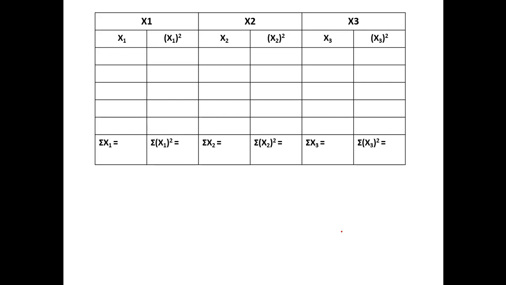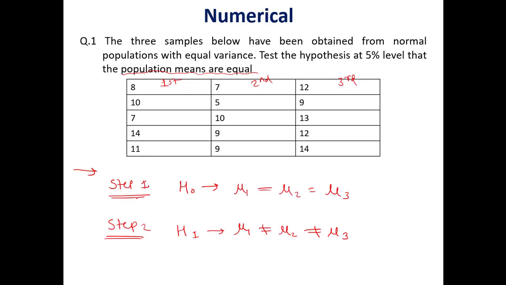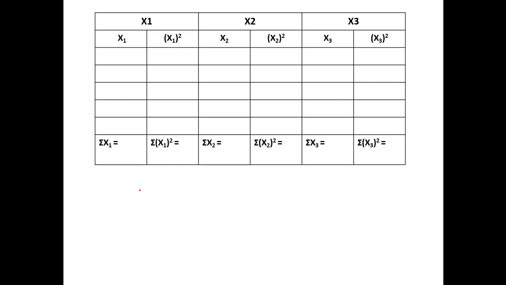In step 3, we are going to find out the summation values. So let me first put down these values. These are given values. Now, from these steps, the first step is to find out the correction factor.